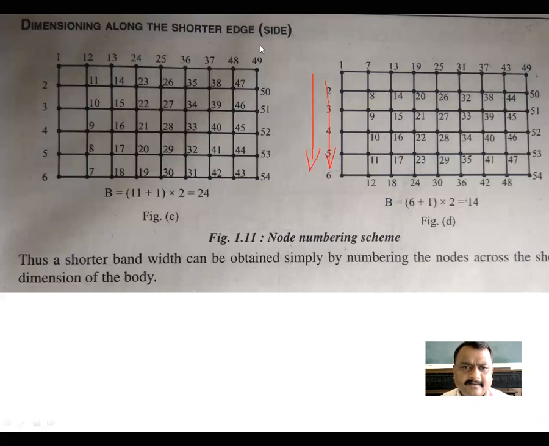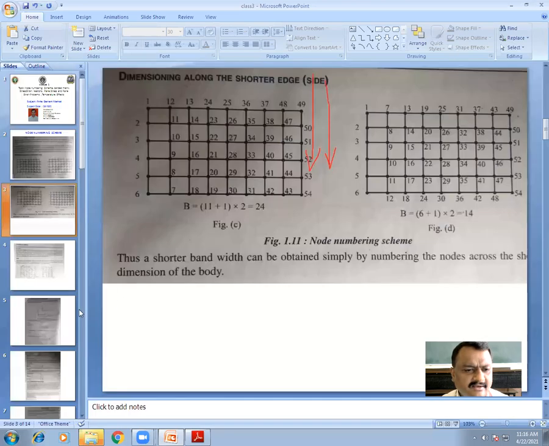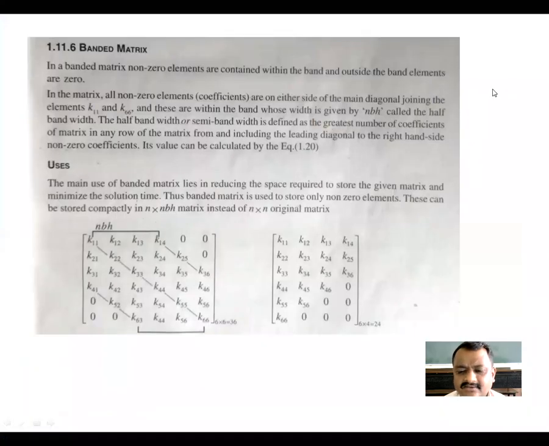Okay. The next thing I'm supposed to explain is all about the banded matrix. What is a banded matrix? Just now I told you the band consisted of all these things. In a banded matrix, non-zero elements are contained within the band, and outside the band elements are zero.